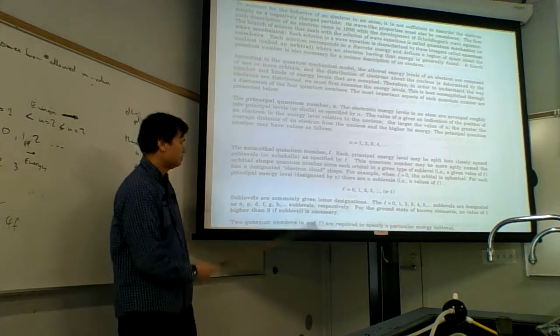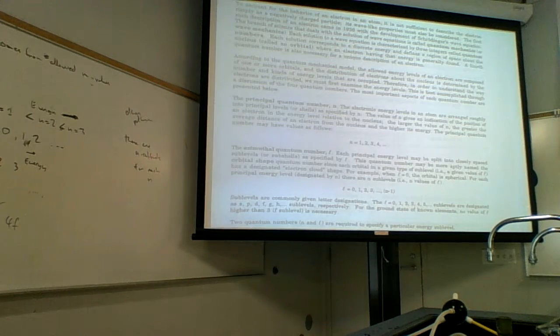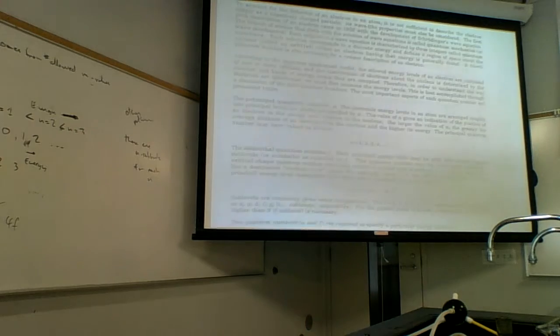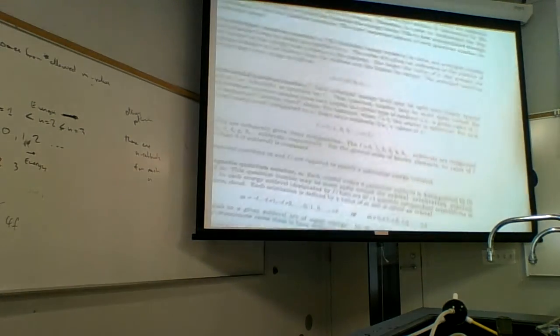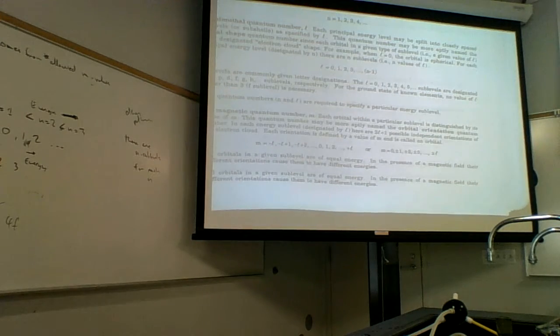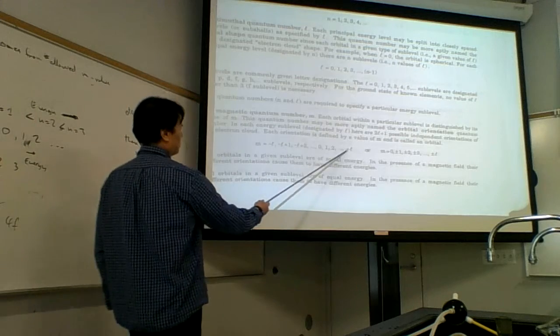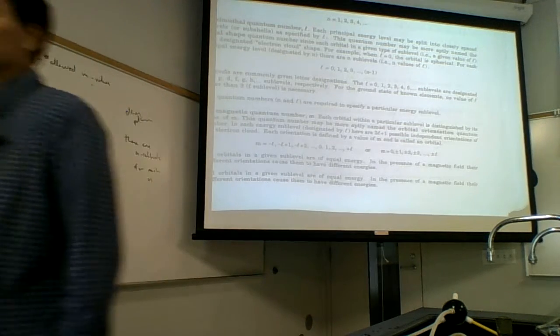And then m. m is called the magnetic quantum number, and that tells us the orientation. It goes from minus l to plus l, going through 0, all values.